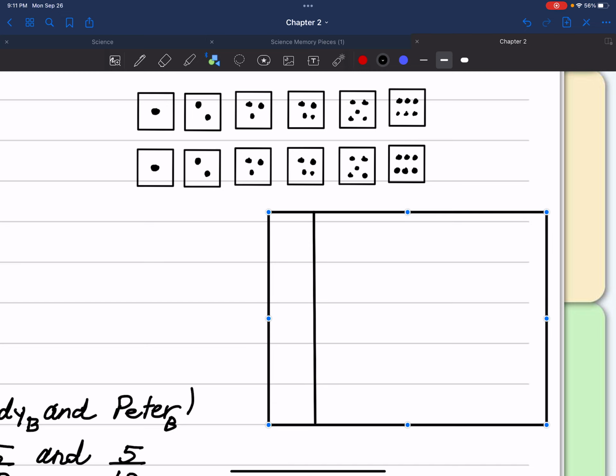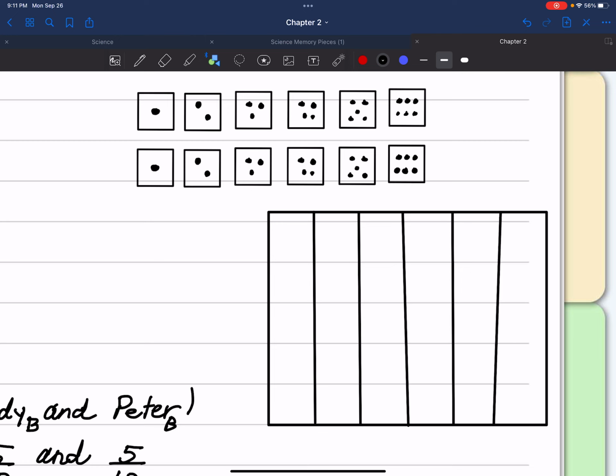And you can do this with me if you want, or you can just watch, whichever you prefer. If you're doing this with me, you need 6 columns.